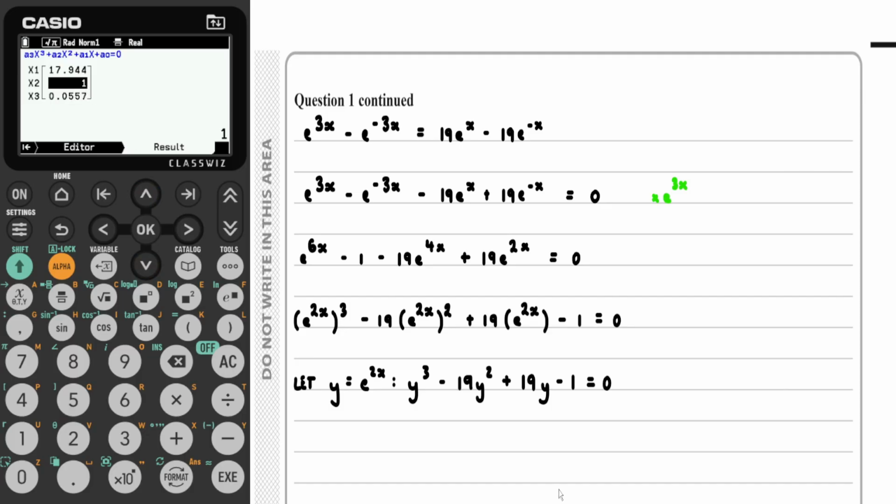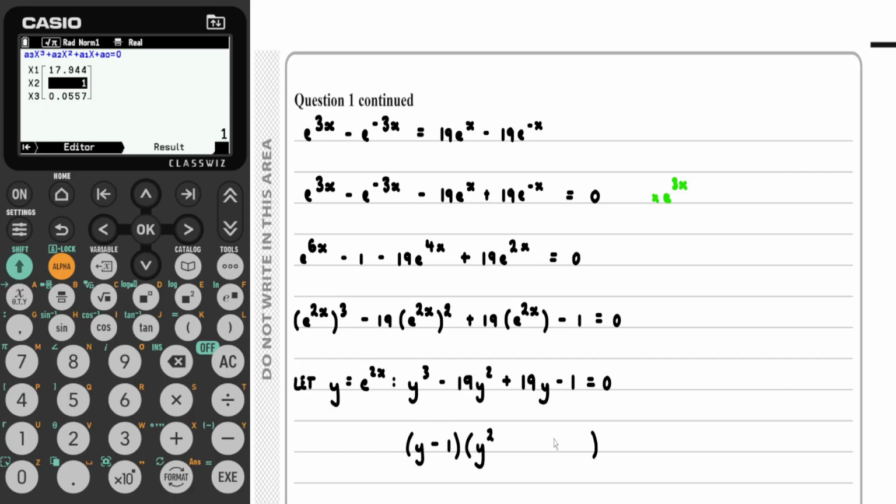So we know that y equals 1 is a solution of this cubic, meaning y subtract 1 is a factor of this cubic. What we can now do is factorize this cubic because we know one of the linear factors. We have y times by y squared, which gives us y cubed.